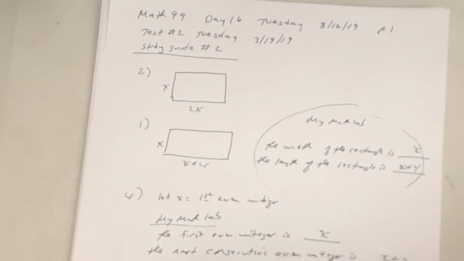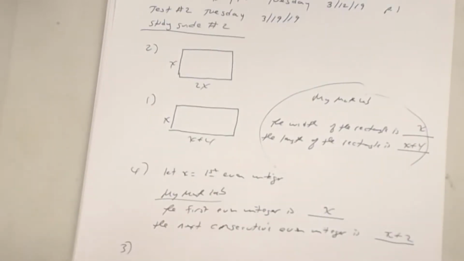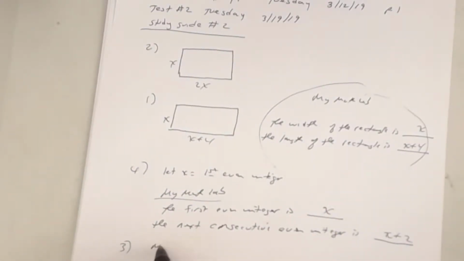X plus 2. Okay? So let's look at number 3. This time you deal with what kind of integers? Odd. Same idea. In my math lab, the first odd integer is what? X.